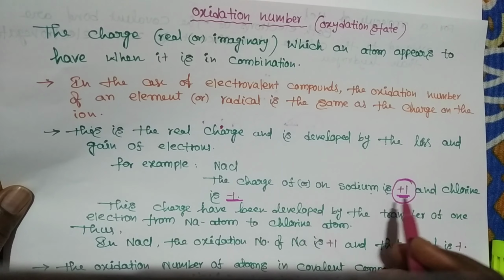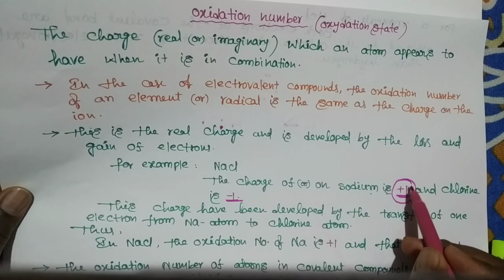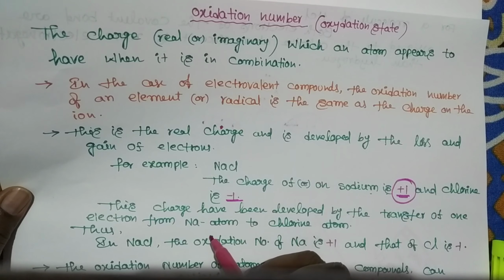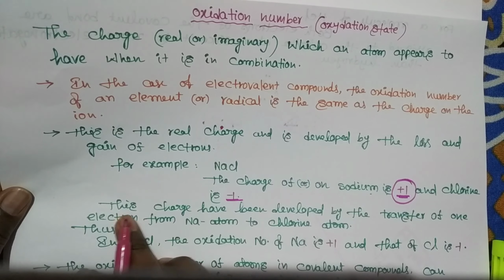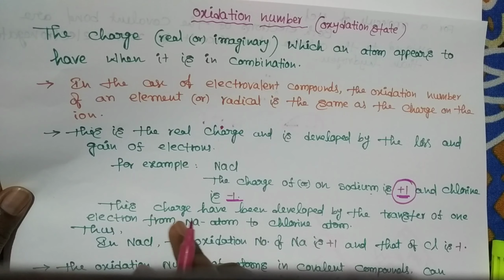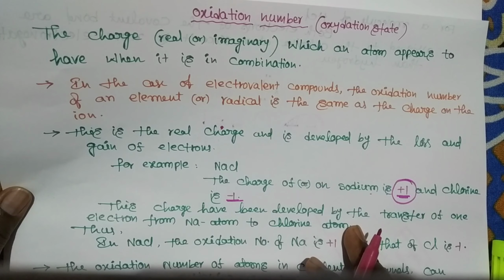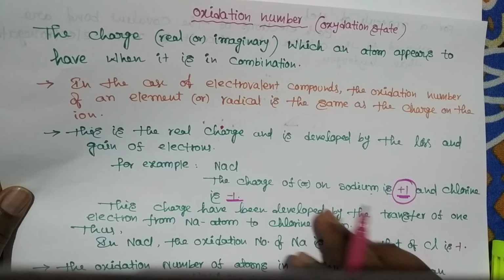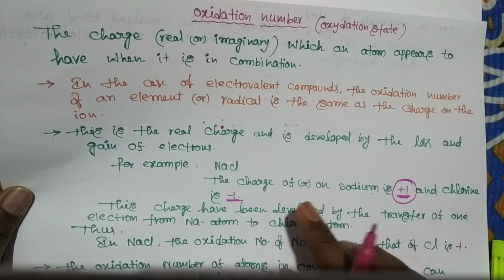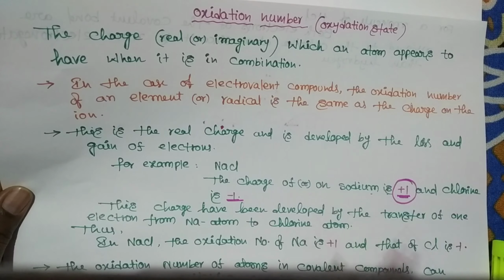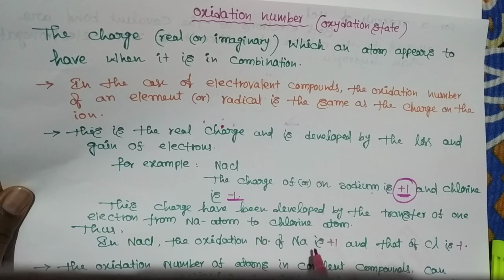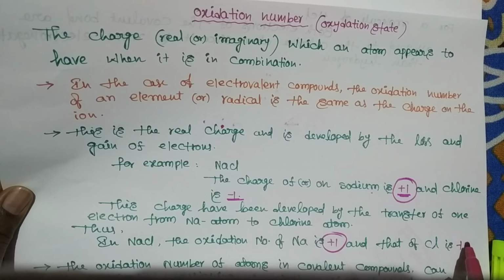By the loss of 1 electron, sodium gets a positive charge, and chlorine gets a negative charge. These charges have been developed by the transfer of 1 electron from the sodium atom to the chlorine atom. So in NaCl, the oxidation number of sodium is +1 and chlorine is -1.